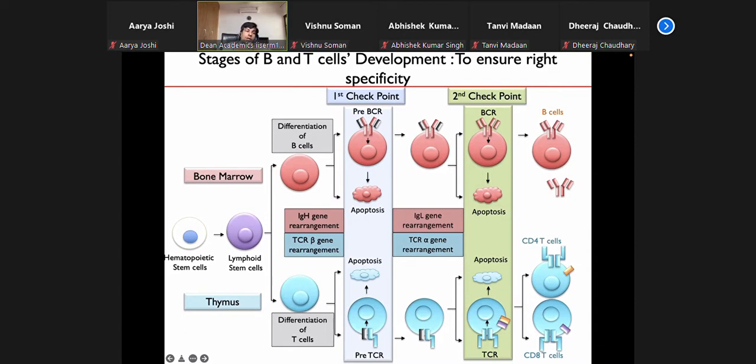If I might add something here, for BCR we call it the surrogate light chain. Actually, this was discovered by who? Can anybody say? There is a reason why I'm asking that.